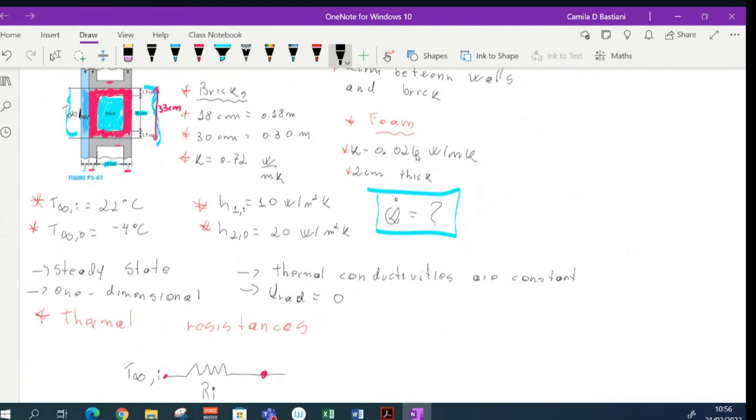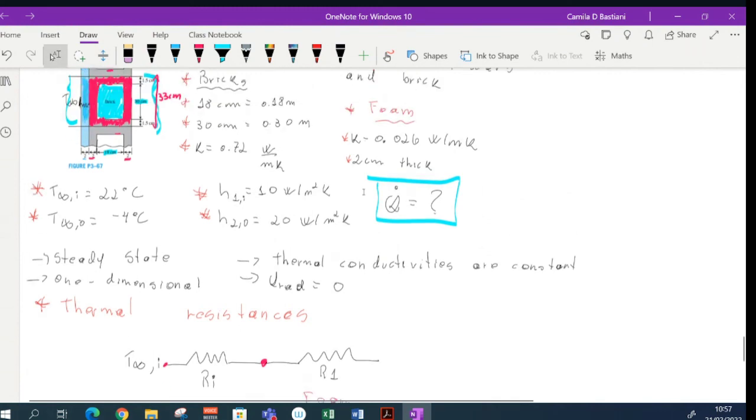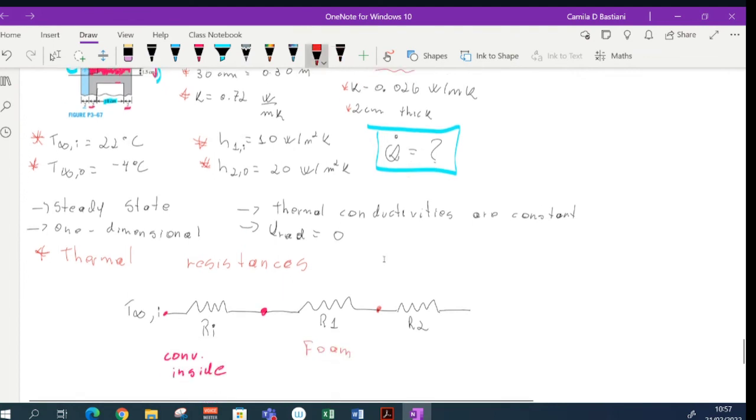So my next one, I'm going to call here my resistance 1, my resistance due to the foam. Next, I have a layer of plaster, okay? In this line here, I have just a plaster. So my next one, I'm going to call my resistance 2. It's just my resistance through the plaster.